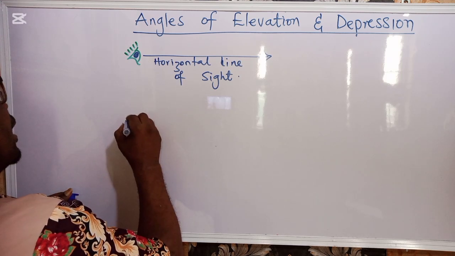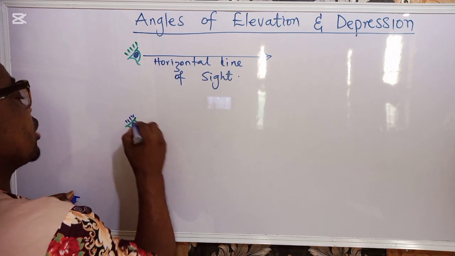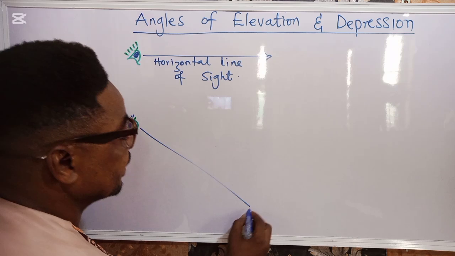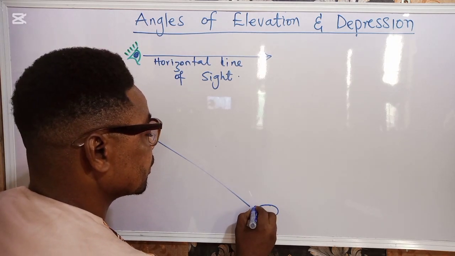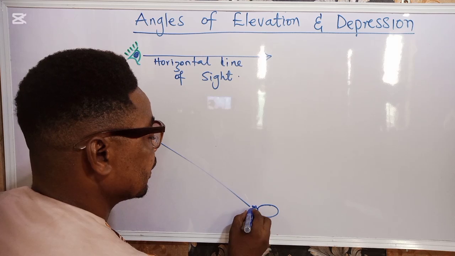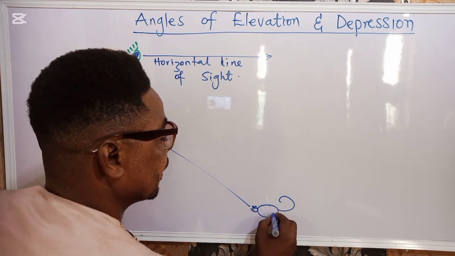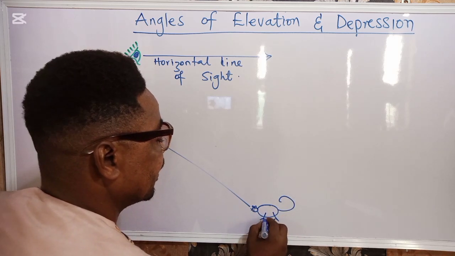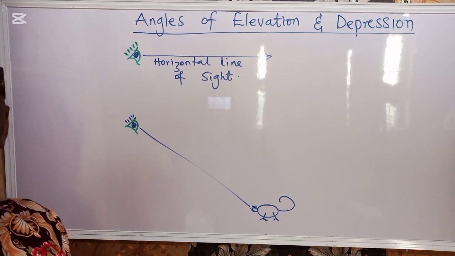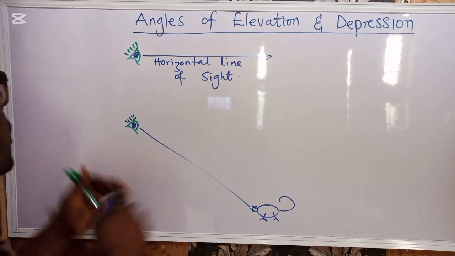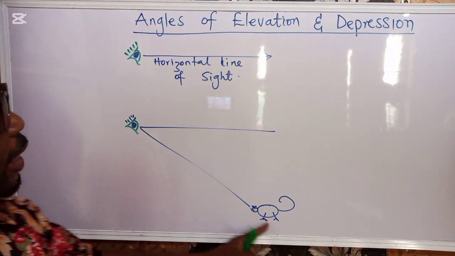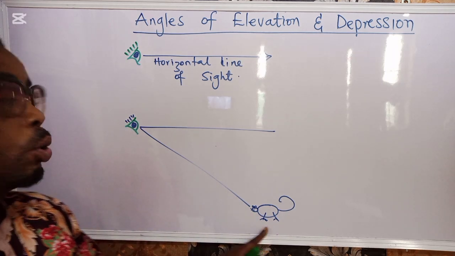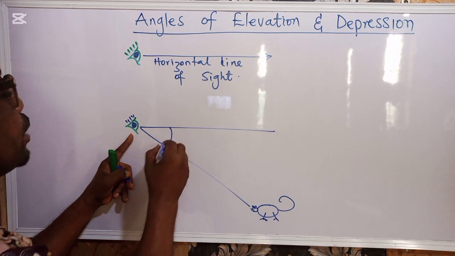We have an eye that is actually looking at this rat. Initially, this eye was supposed to be looking straight like this, but it's been distracted to look at this object here. So that means an angle is formed here.